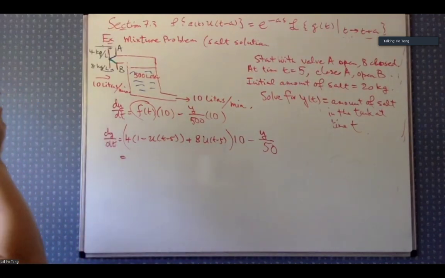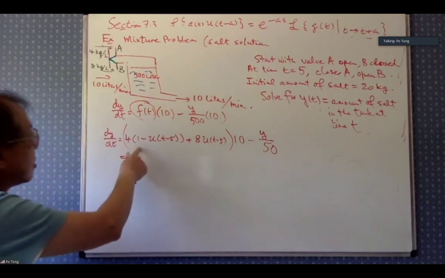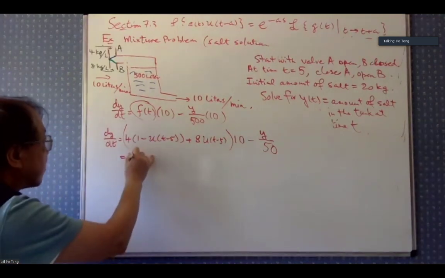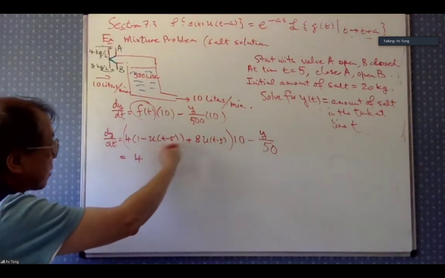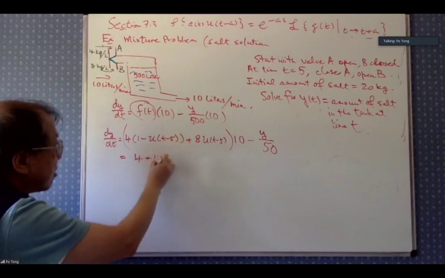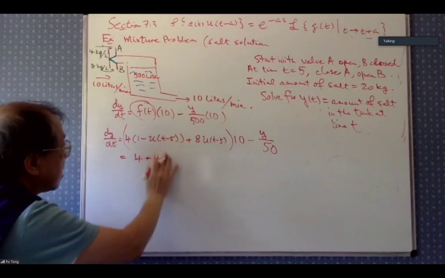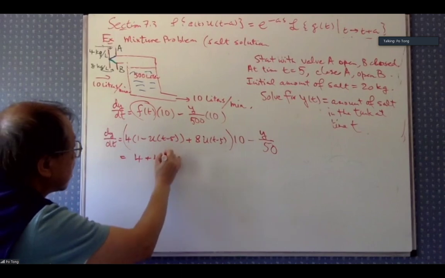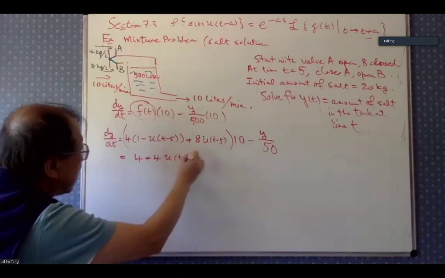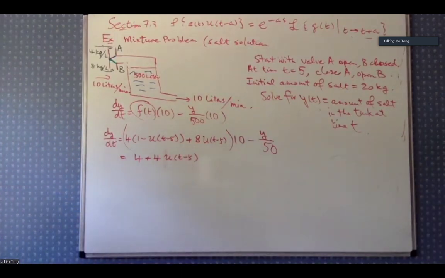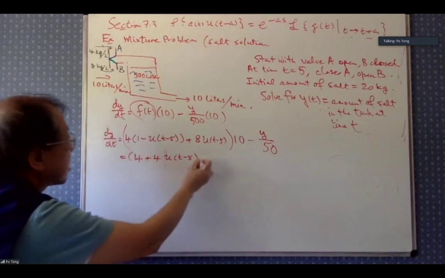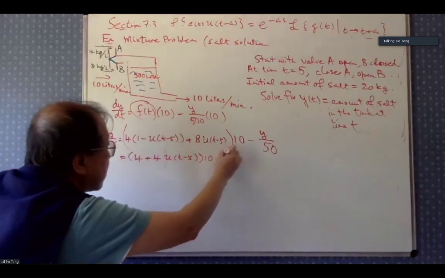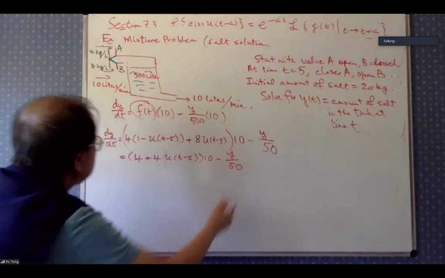So minus 4 of this plus 8 of that is 4 of this. I think I'm still good. Times 10 minus y over 50.